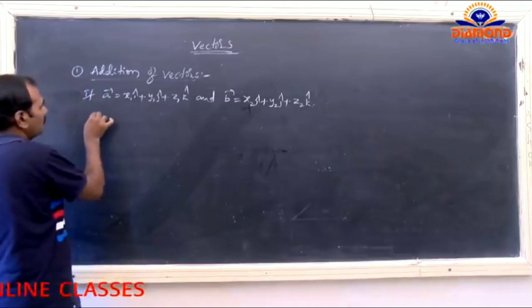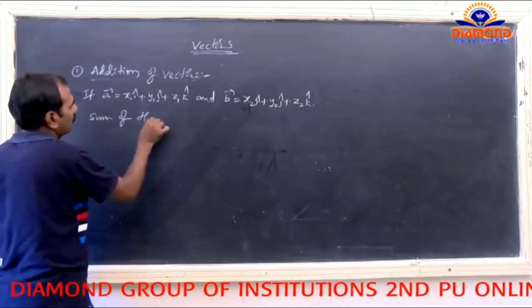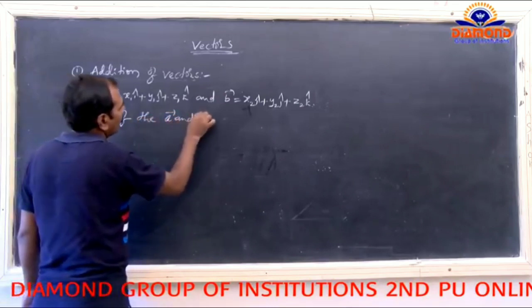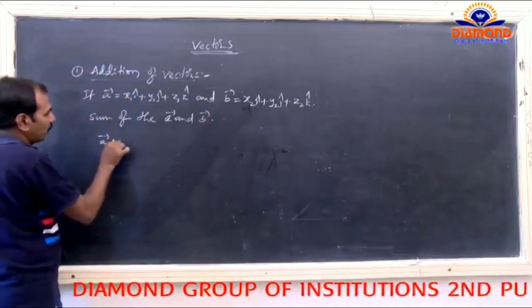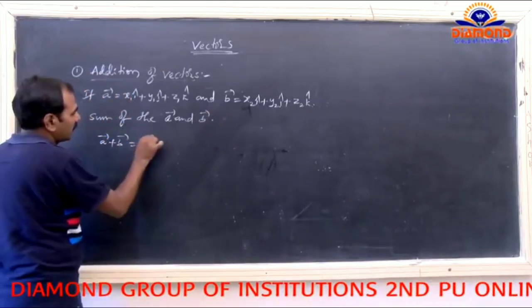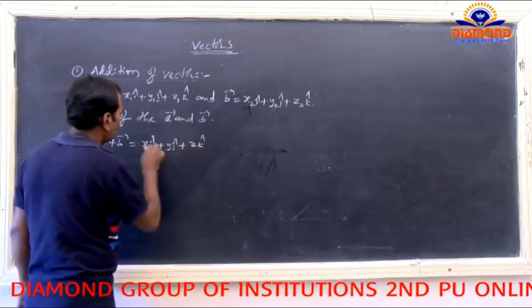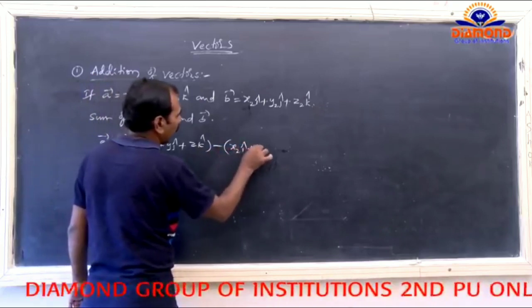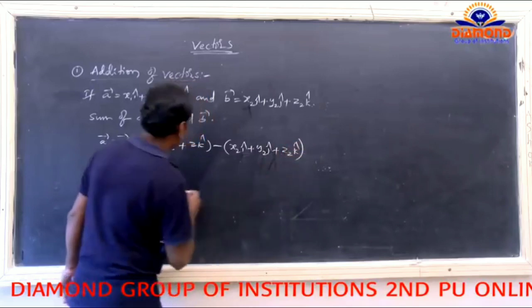So the sum of A bar and B bar, A bar plus B bar, equal to x1 i cap plus y1 j cap plus z1 k cap plus x2 i cap plus y2 j cap plus z2 k cap.